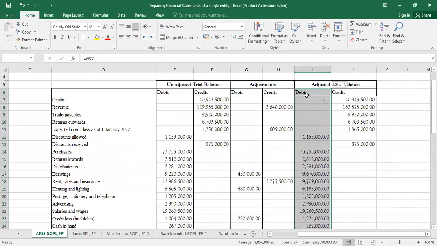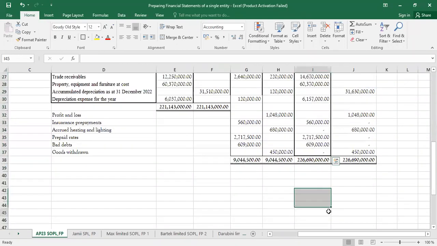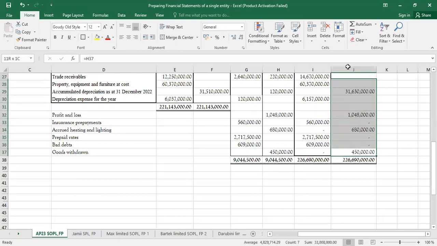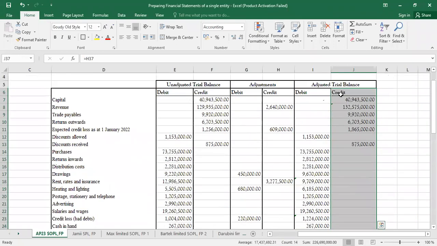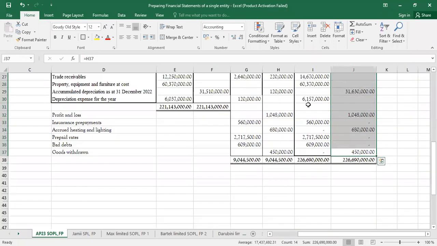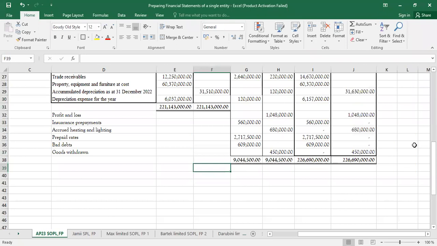Let me put in the thick border, Alt HBT. You can see that it is balancing also. So that one is the adjusted balance, Alt HBT. Just putting in the borders. You can see that it's balancing.